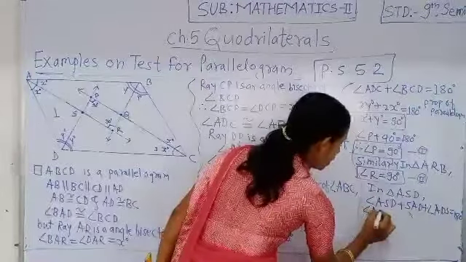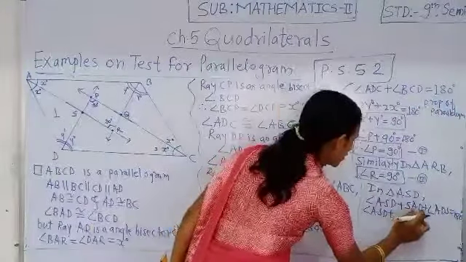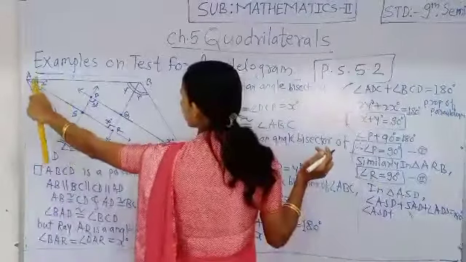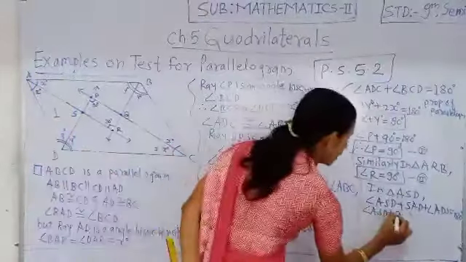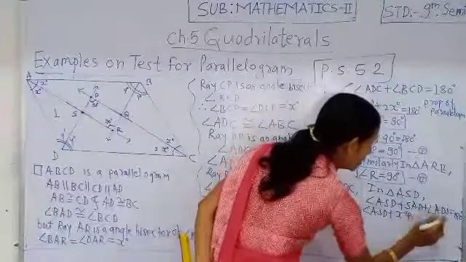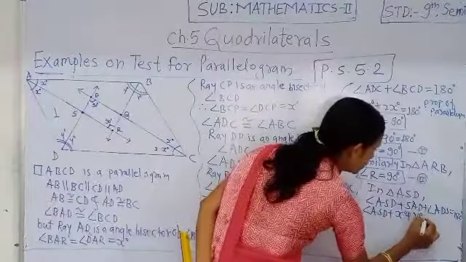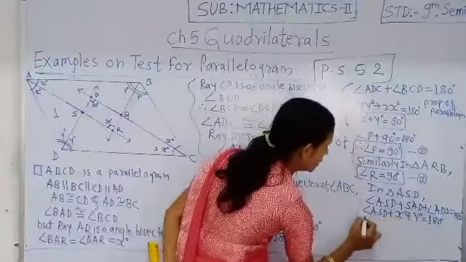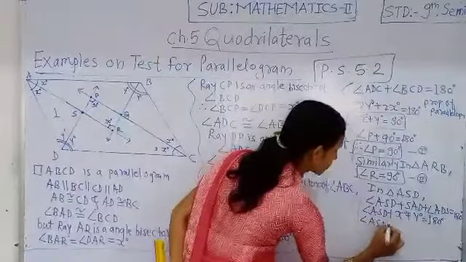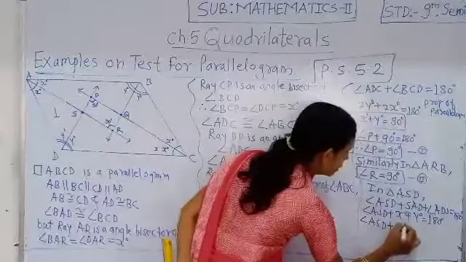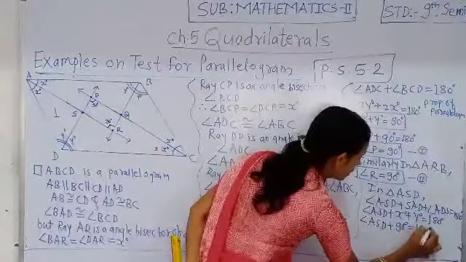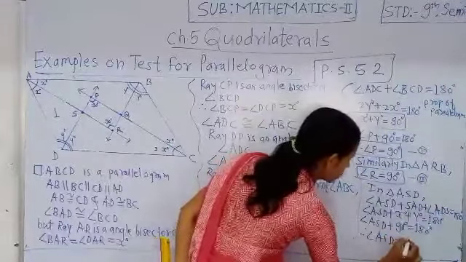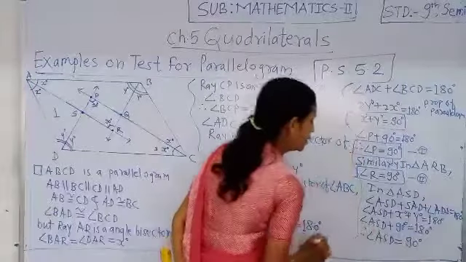Therefore, here angle ASD plus SAD, which is of x degree, as well as angle ADS is of y degree, is equal to 180 degree. But here x plus y, that is 90 degree. Angle ASD plus 90 degree is equal to 180 degree. Therefore, angle ASD is equal to 90 degree.